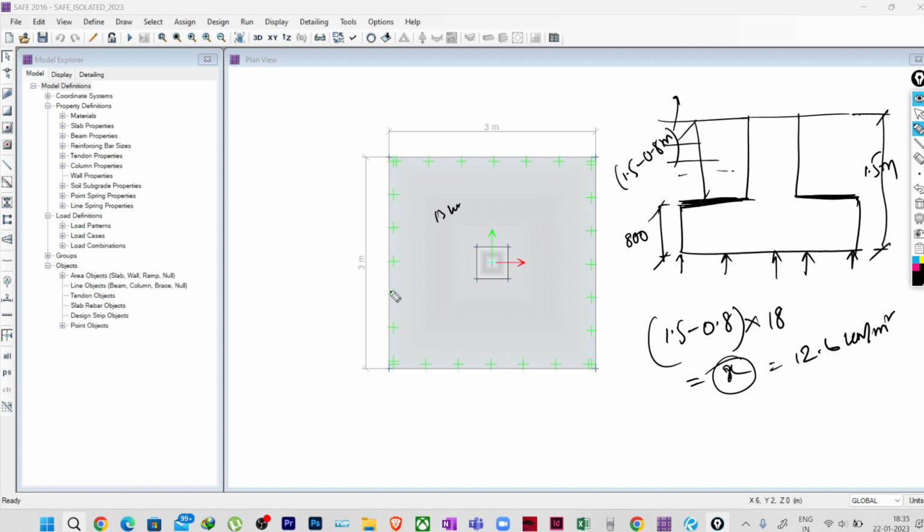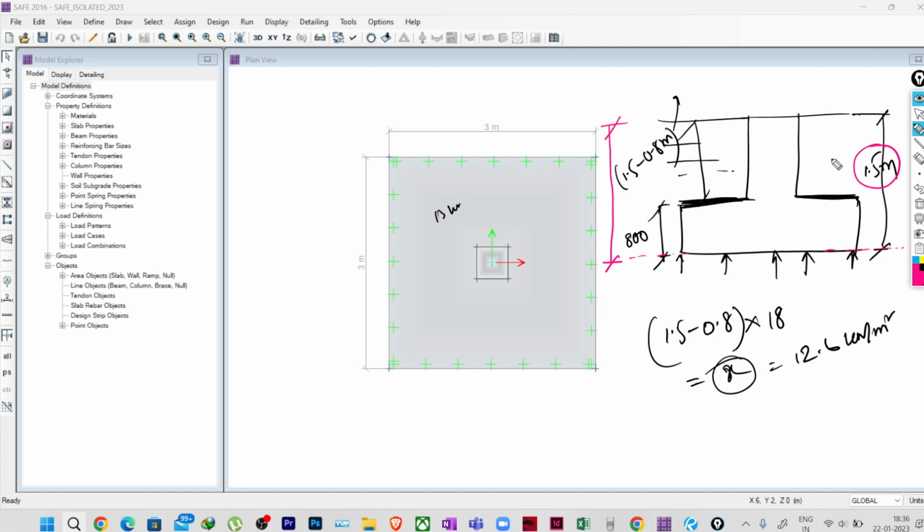Now what will be the limit? When we calculate the acceptable limit, we are considering that this is my depth, and at this level, at 1.5 meter level, what should be the gross pressure?